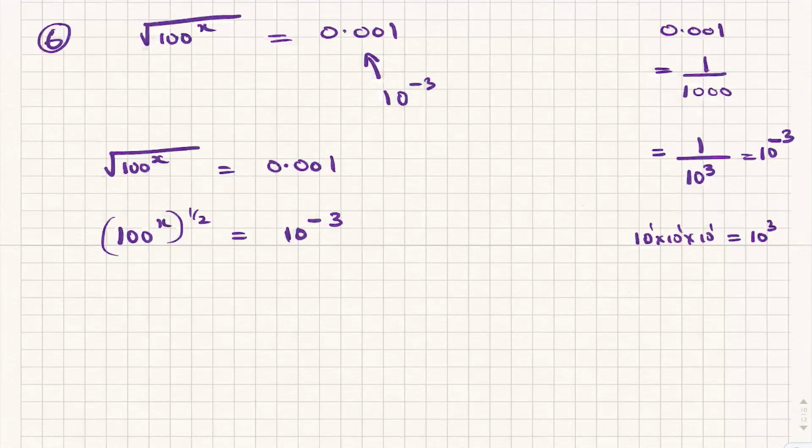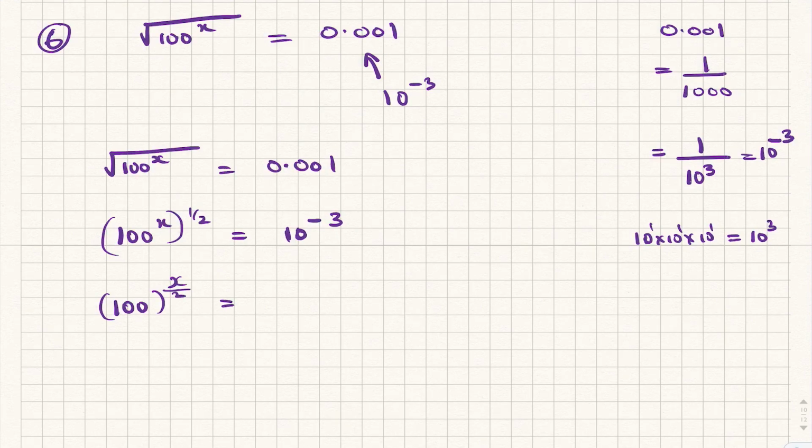Now we need to multiply the powers in this situation. So that will be 100 to the power of x over 2. That's the power x times a half, which is x over 2.